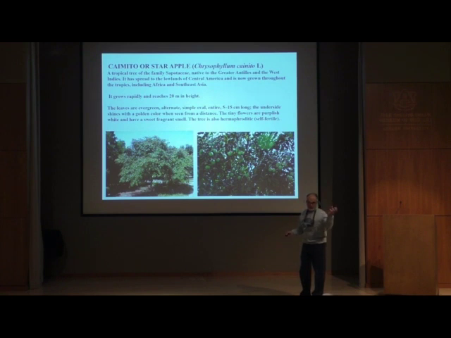And when they tried it, they also loved it, okay? And that is kaimito, Chrysophyllum kaimito. Remember what I said about scientists? Chrysophyllum tells you that it has something of gold in it.